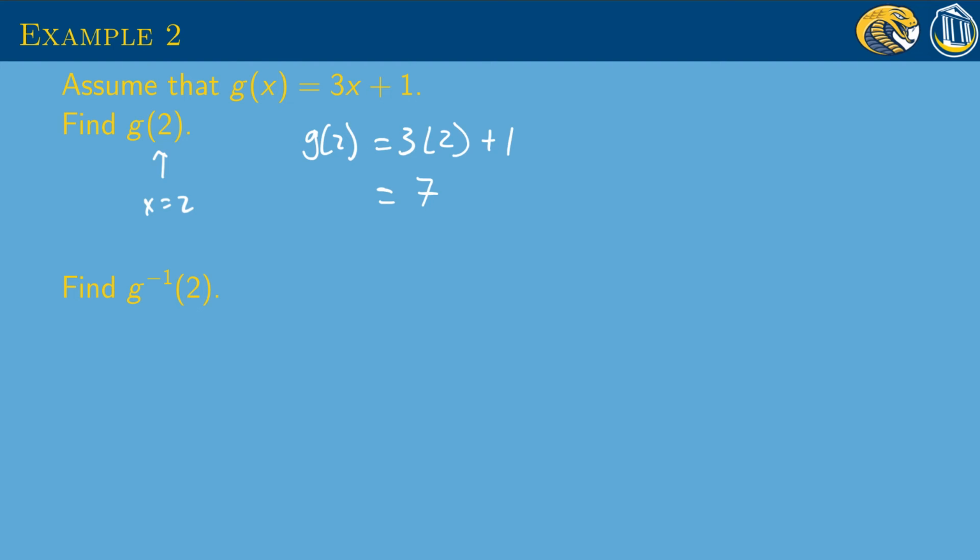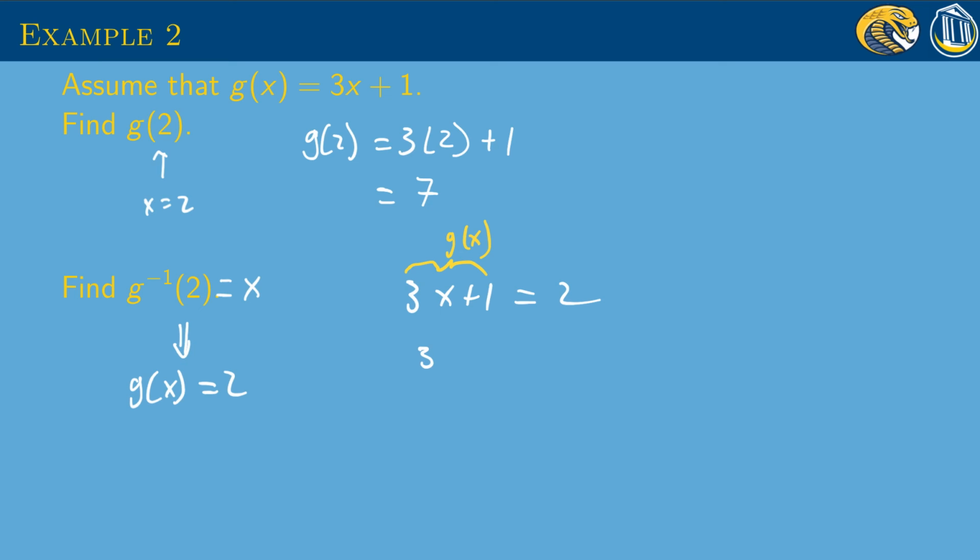However, we can find the value of g inverse of 2. Let's call it g inverse of 2 equals x, because this is the same thing as saying g of x equals 2. We know that g of x is 3x plus 1, so we could write 3x plus 1 equals 2, and then we could figure out what value of x gets us there.